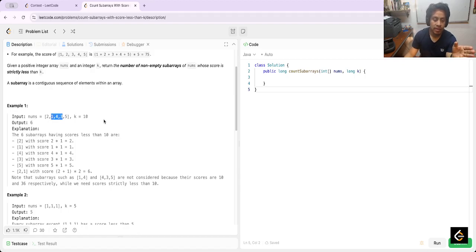For example, 1 plus 4 is 5, plus 3 is 8, multiplied by 3 is 24, and 24 is not less than k. Another is 2 and 1: 2 plus 1 is 3, multiplied by 2 is 6. In this case this is one subarray.